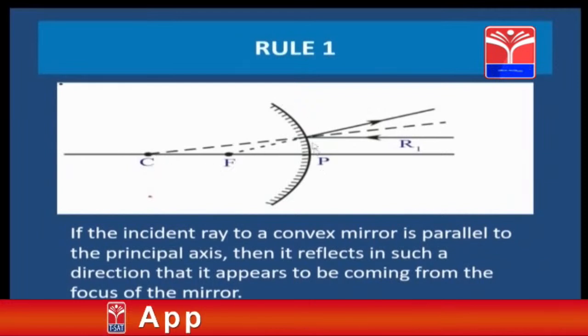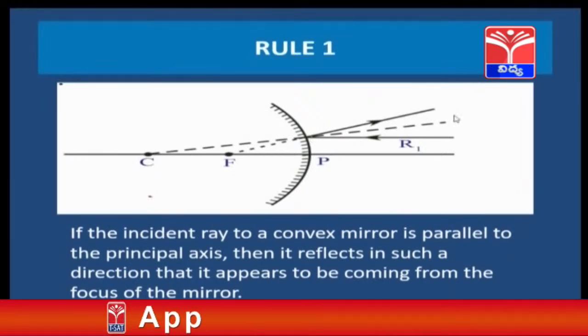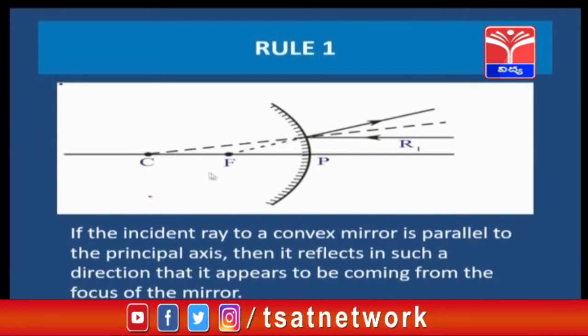Now, when an incident ray parallel to the principal axis hits the mirror, it gets reflected such that it appears to be coming from the focus of the convex mirror. Where is the focus, children? It is behind the mirror.